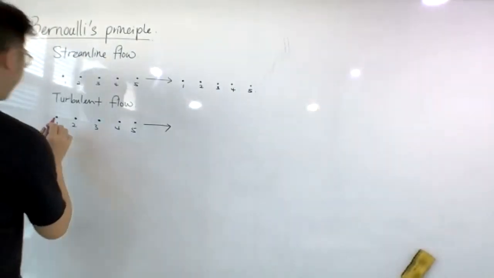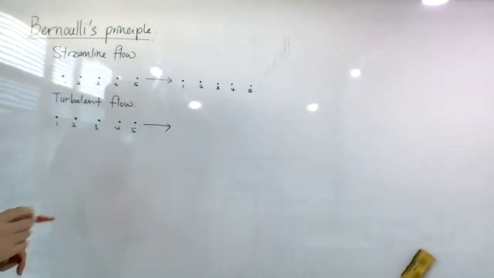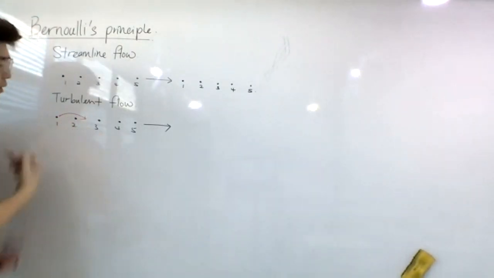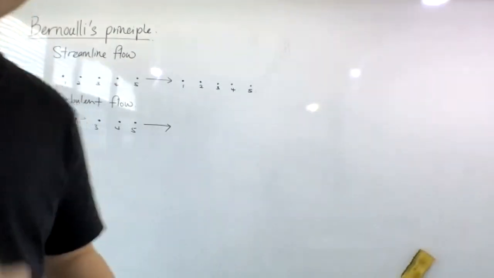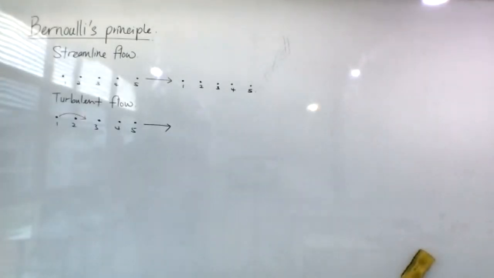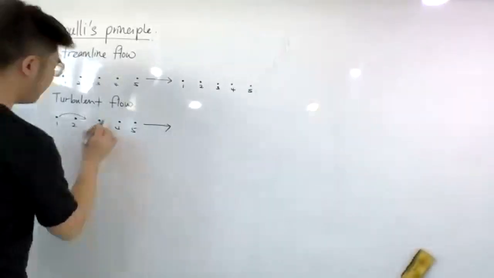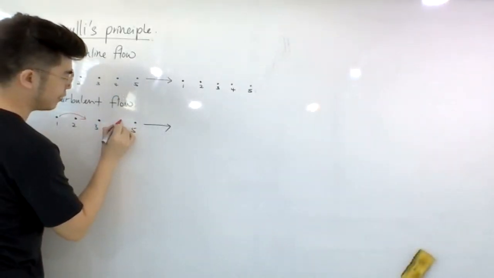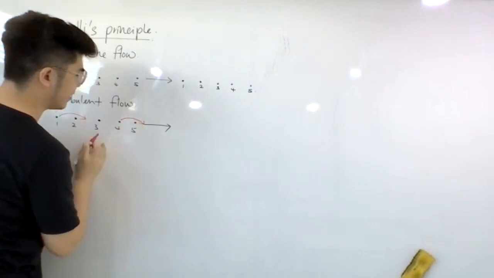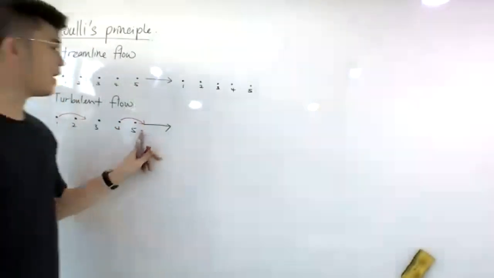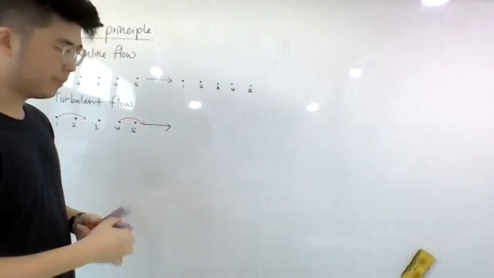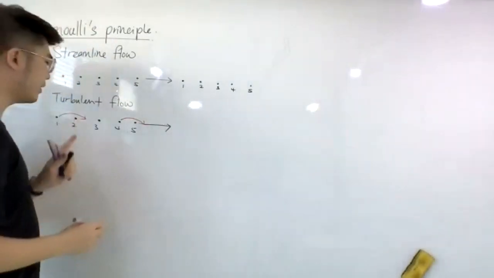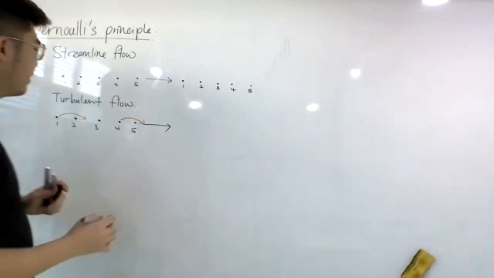So let's say particle 1 flows faster. So particle 1 will jump over particle 2. It will kind of take over particle 2. Same here, this particle may be traveling faster, so it will take over this one like this. So that means after a certain period of time, you will see that the order of arrangement of the particles has changed.